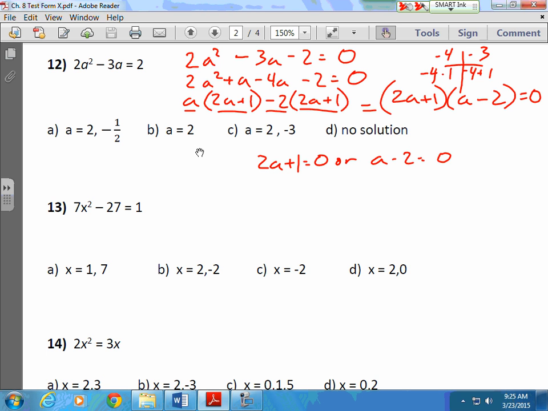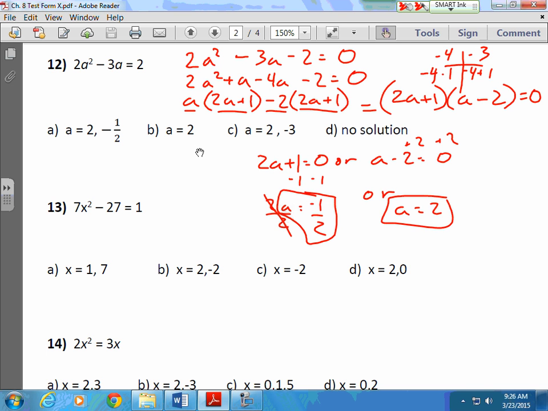So if this part was 0, subtract 1, 2a is negative 1, divide by 2, a is negative a half, or add 2, a is 2.